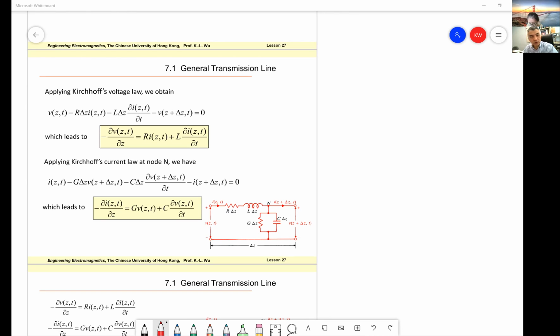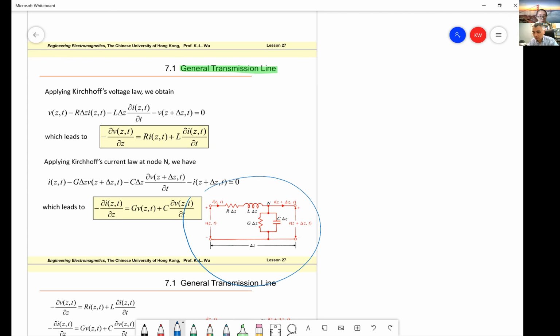Let's first quickly review the key points from yesterday, describing general transmission line properties. The general properties we have for a transmission line are derived from this circuit model.